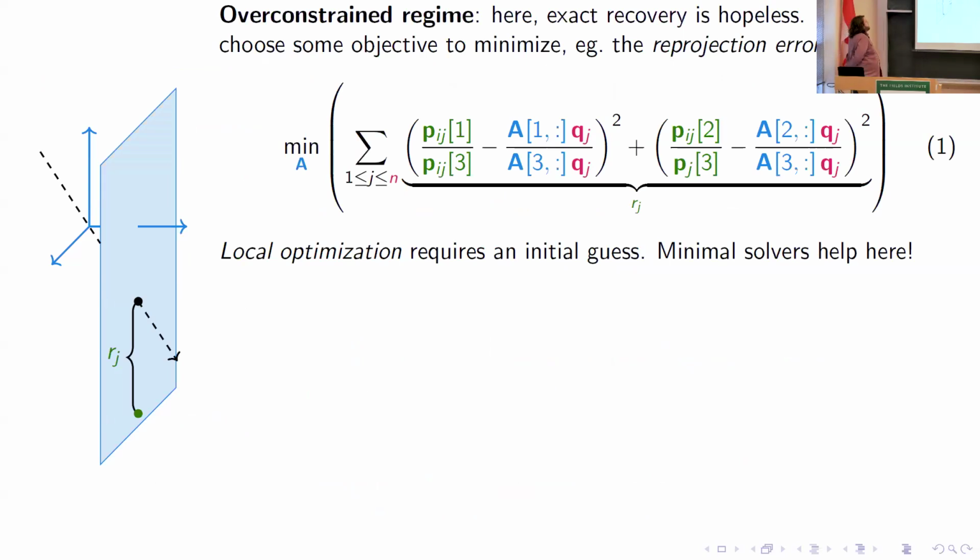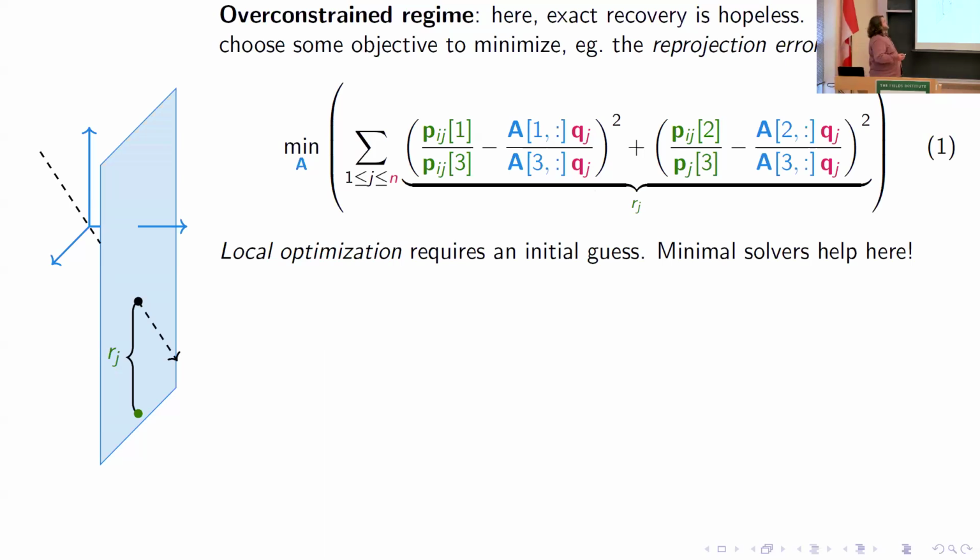Okay, but so what does this have to do with the over-constrained regime? Well, if you have more measurements than unknowns, recovering an exact solution with noisy data is impossible. So what can you do? Well, in practice, and people like Tomasz Pajdla in the audience can tell you, you have to do some sort of optimization. A common cost function that people try to minimize is what's called the reprojection error.